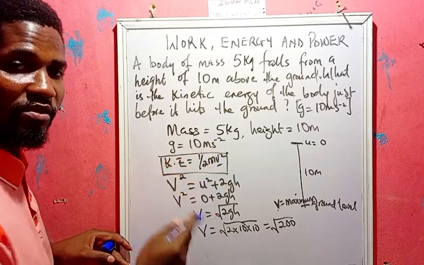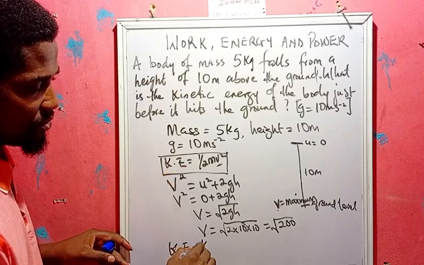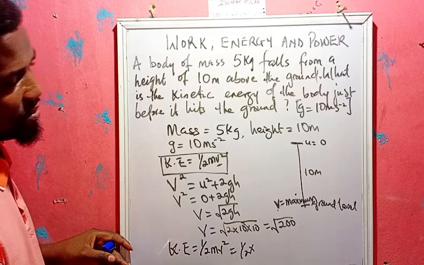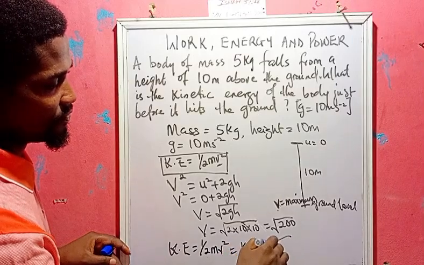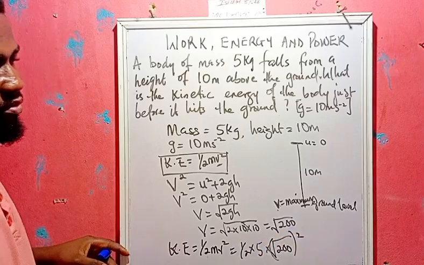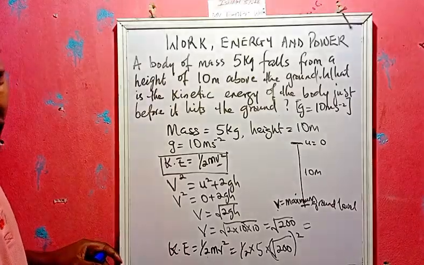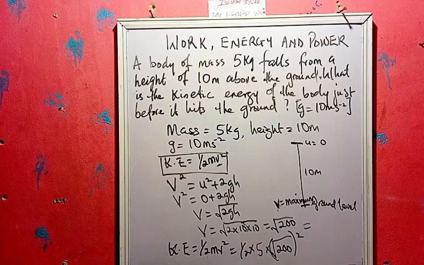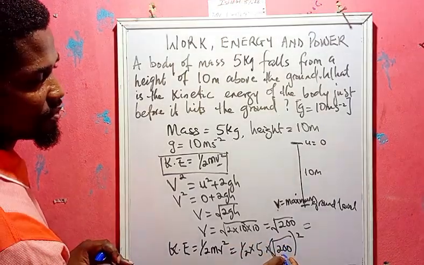So let's go back to our kinetic energy formula. Kinetic energy just before it hits the ground is 1/2 mv squared. That will be 1/2 times the mass, which is 5, times the square root of 200, all squared. If we simplify this further, the square root of 200 squared is 200.